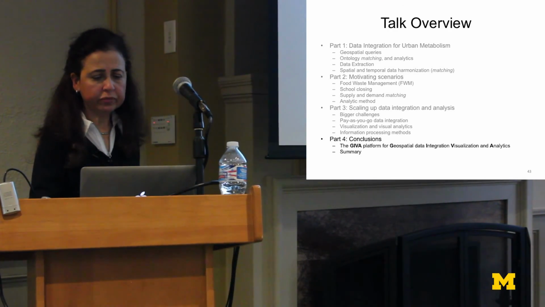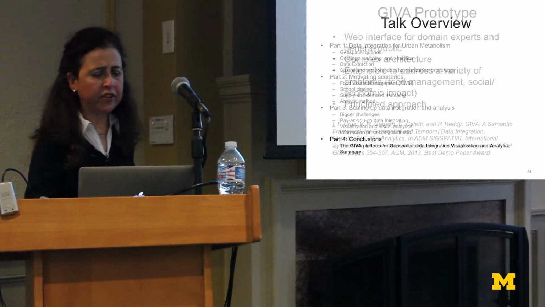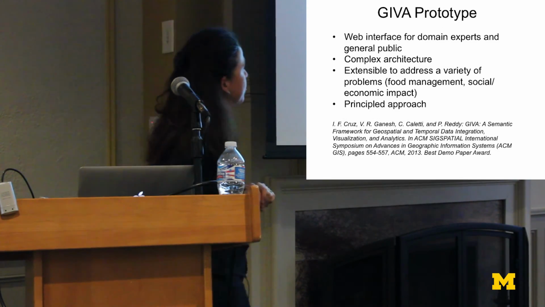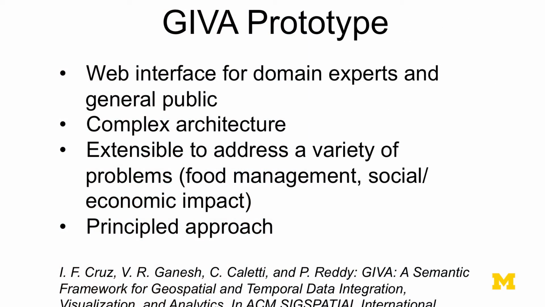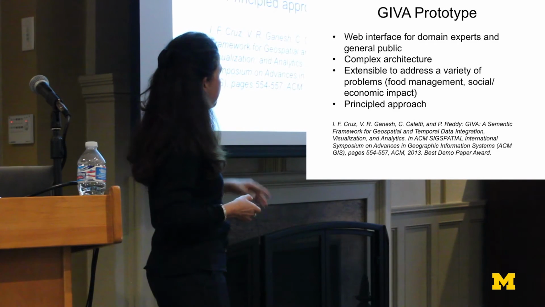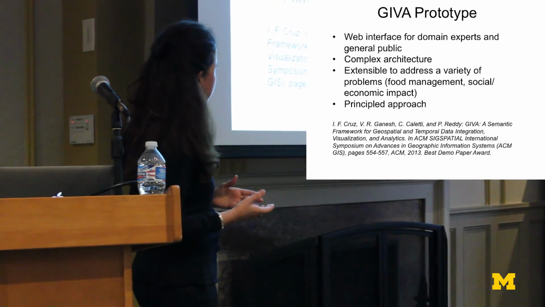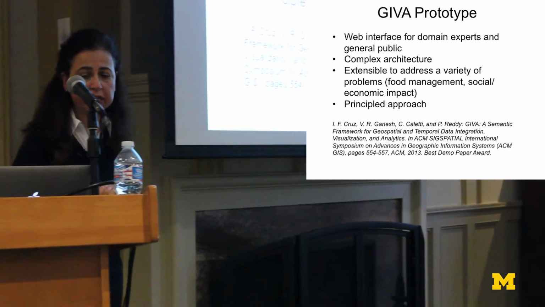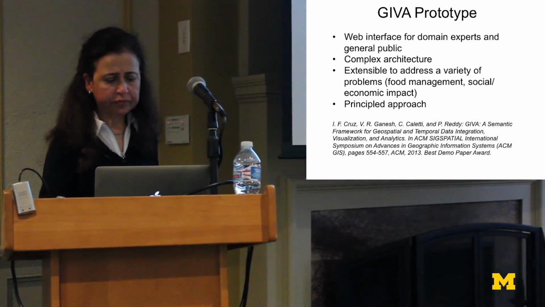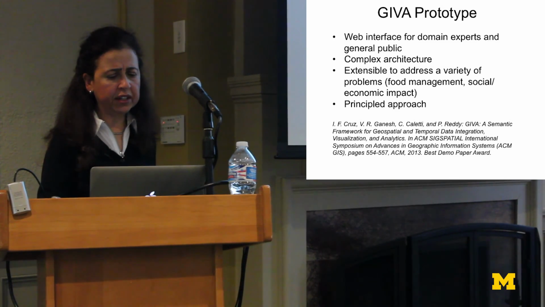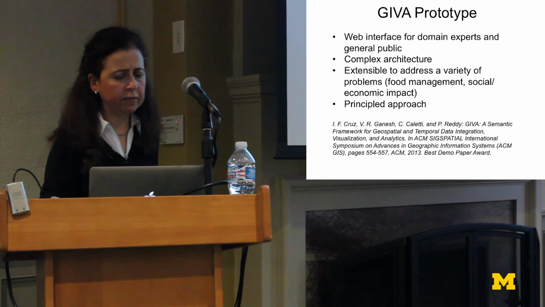So I'm going to describe very briefly the Jiva prototype that we are proposing, and it's a semantic framework for geospatial and temporal data integration, visualization, and analytics. The idea here is that it is supported by a web interface.